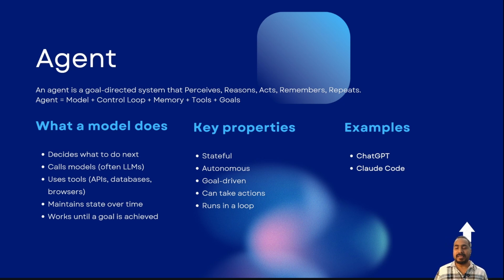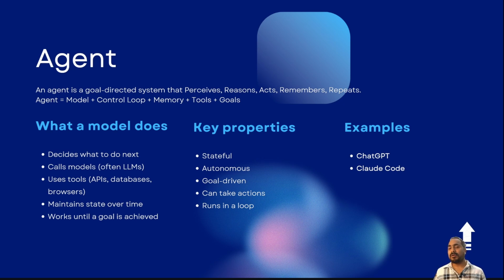Let me break down each part. The model, the reasoning engine, usually an LLM that can process language and generate responses. This is the brain. The control loop, the orchestration logic that decides what should I do next? Did my last action work? Should I try something else? This runs continuously. Memory, storage for context, past actions, user preferences, and accumulated knowledge.